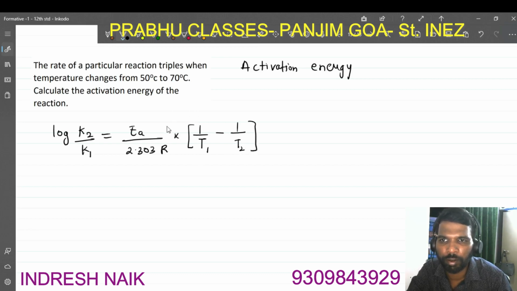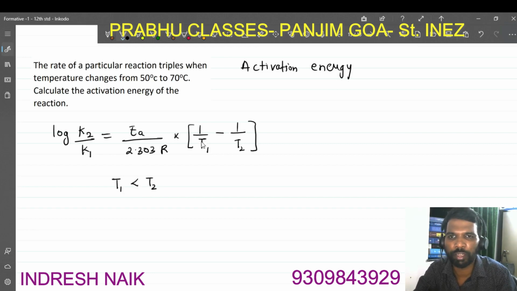Understand that T1 is smaller than T2. If you are confused between 1 by T2 minus 1 by T1, then remember that this should be smaller. If this is bigger, the whole value will be smaller, and smaller minus bigger is a negative value. We don't want negatives over here, right?